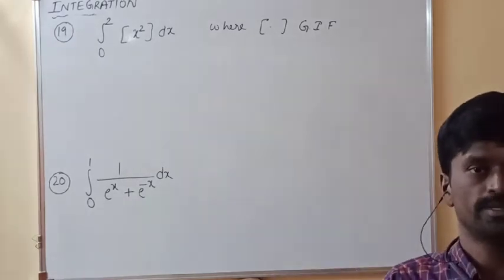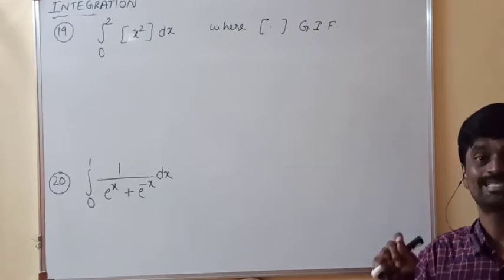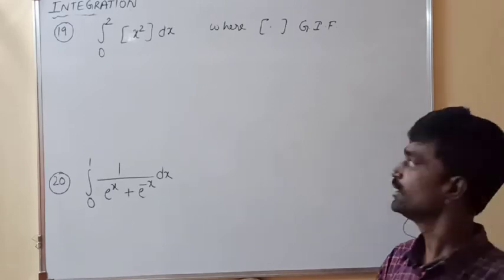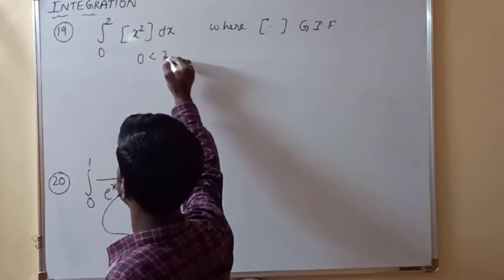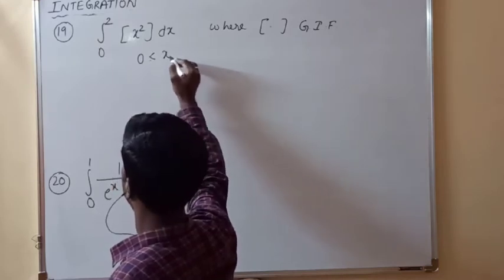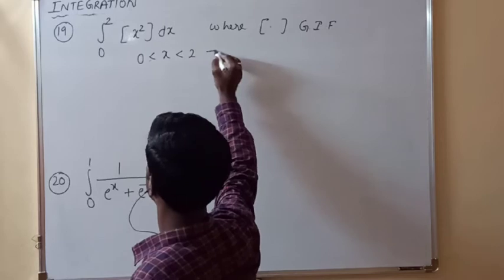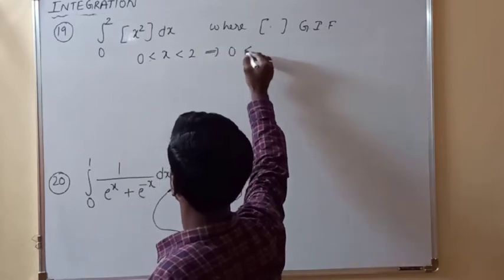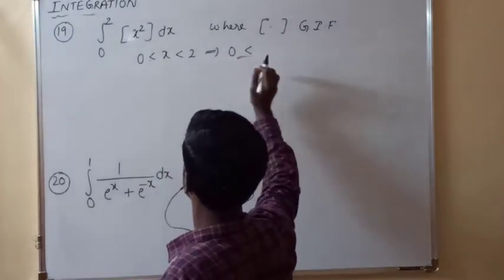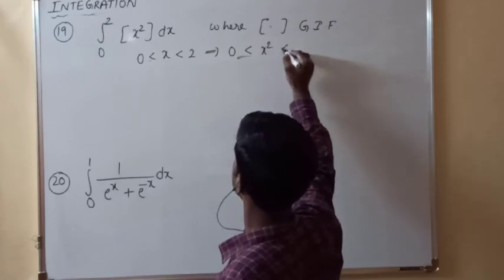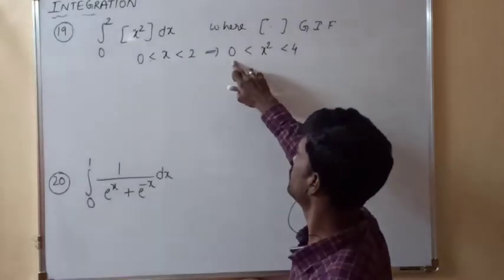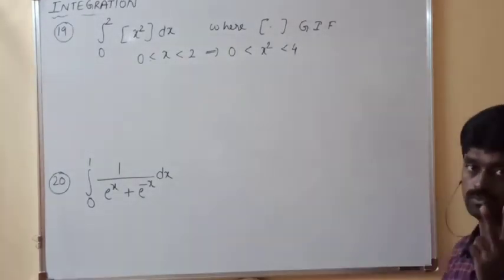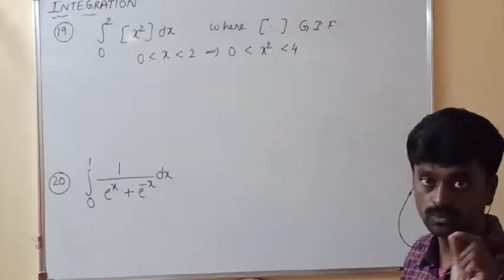At those points, step of x square is discontinuous. Here x lies between 0 and 2. Then x square lies between 0 and 4. Now tell me, what are the integers between 0 and 4? 1, 2, 3.